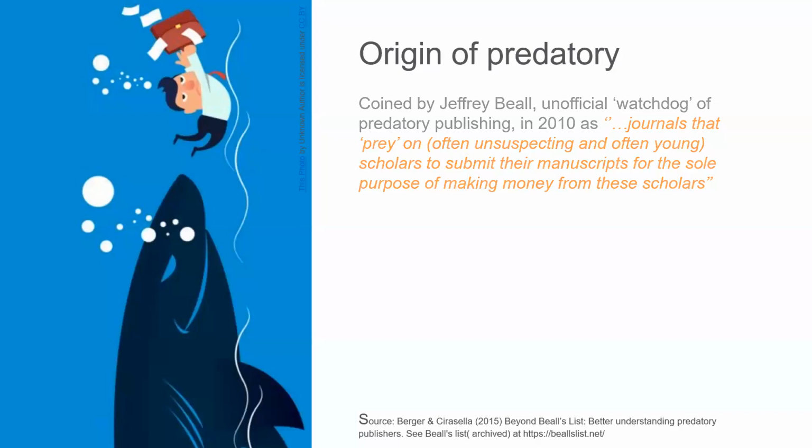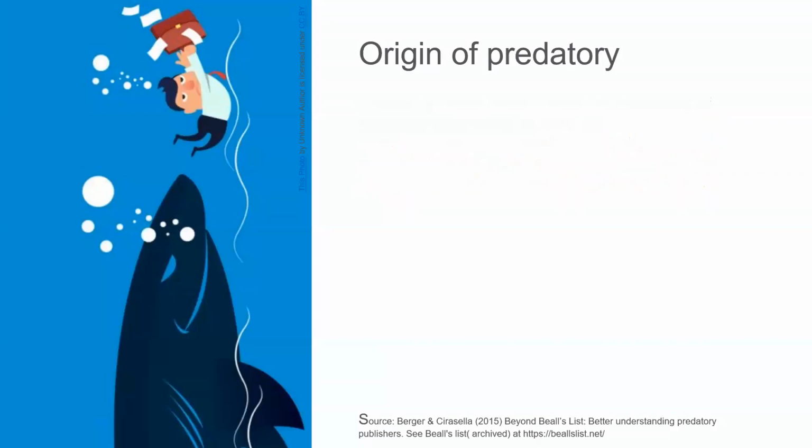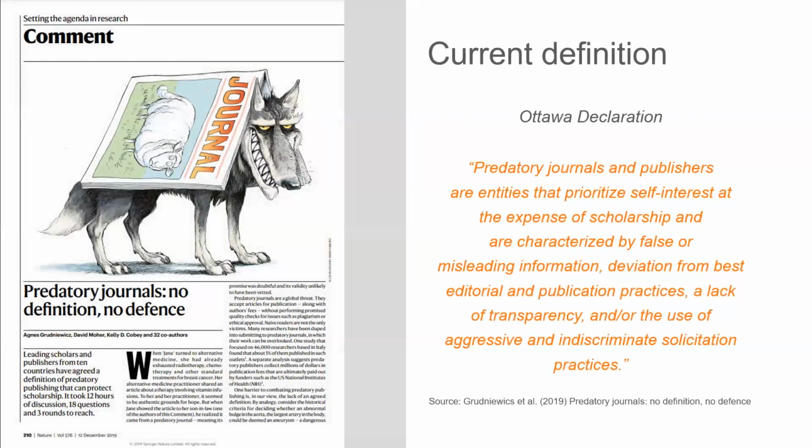So it is also useful to look at other definitions. Since 2010, there's been a lot of other research being done to determine what is the merit of Beall's criteria, and then also to come up with a more universally accepted definition.